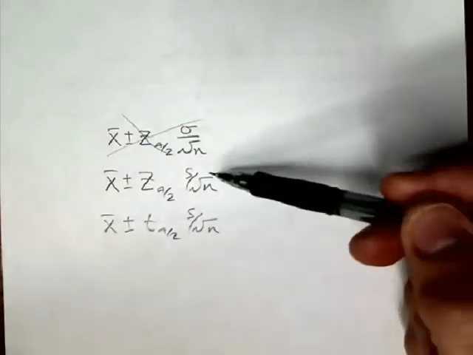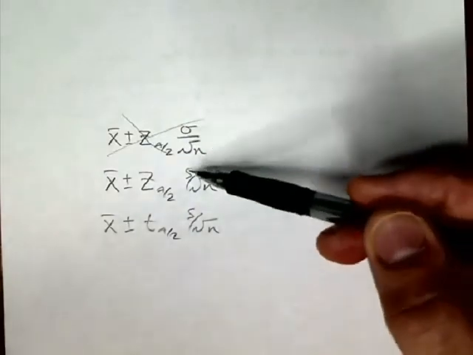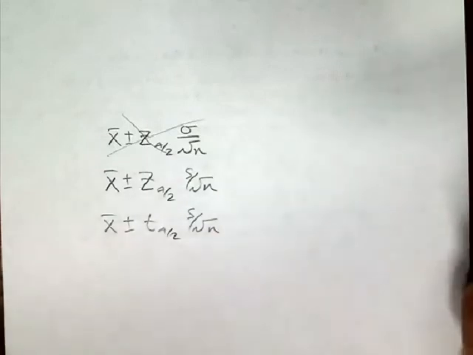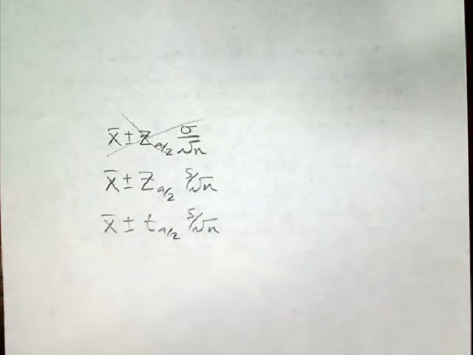Basically, going from here to here, all we've done is replace sigma with s. And this is a valid formula if n is greater than 30. If our sample size is large, we can use that formula. Well, that's not the case here. n in this problem is 10. We only have 10 ball bearings that we've sampled from this machine here. So we can't use this formula.